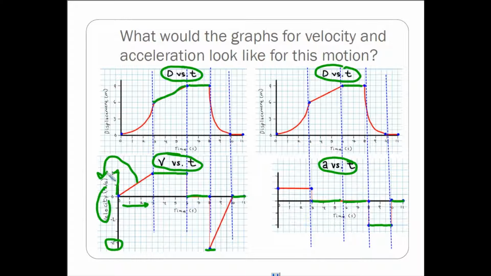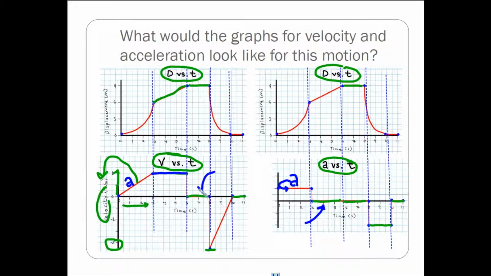In each one of these cases, I can look at what my graph is doing and then realize, in this case, my velocity is increasing as time goes on. I must be accelerating. Remember, the slope of a graph of velocity versus time represents acceleration. So my acceleration is something during this first interval. And you can see that my acceleration is constant. And during the second interval, I'm moving at a constant velocity, which means that my acceleration should be 0.